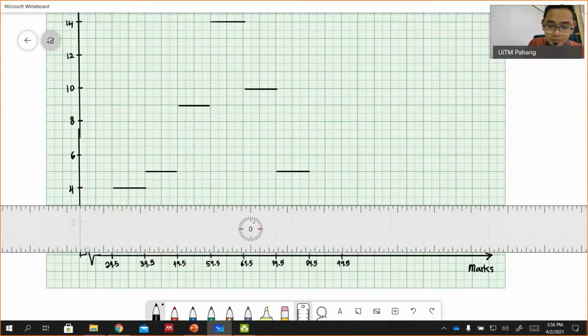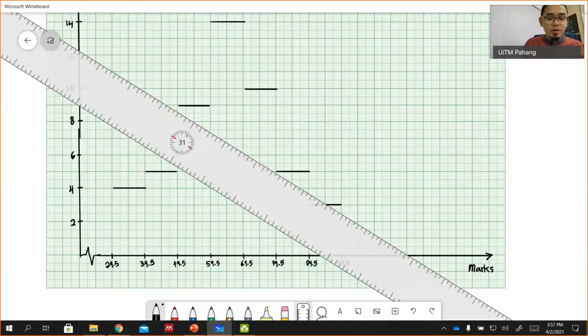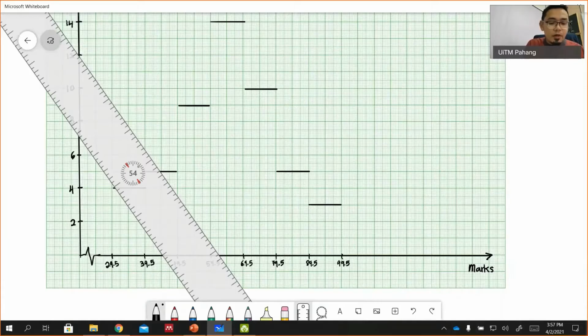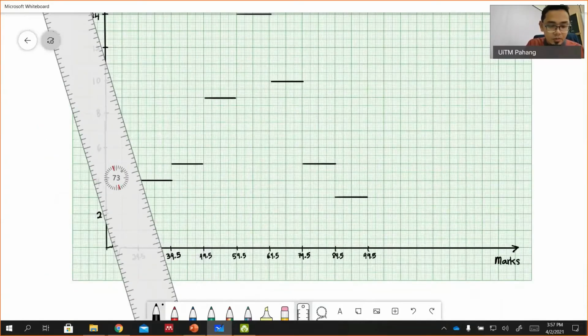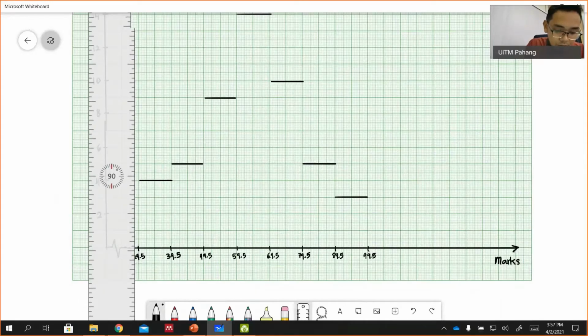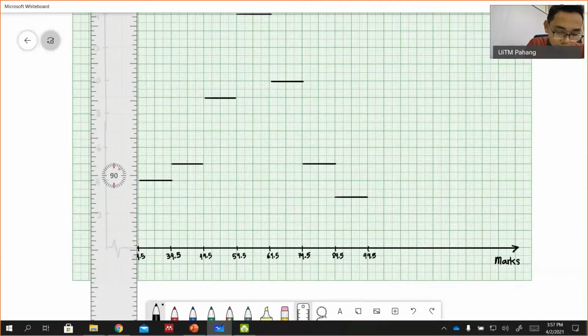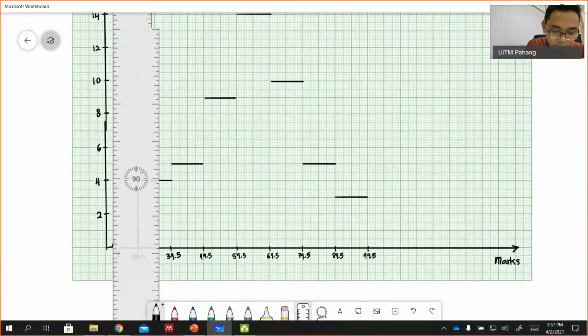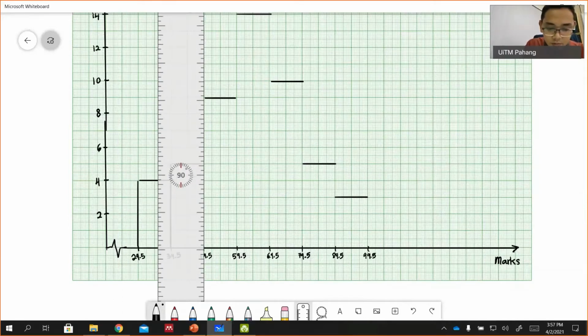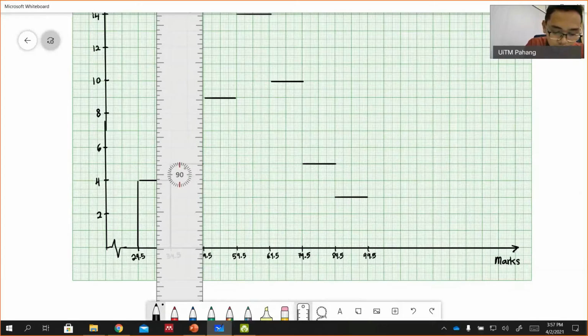Now what you can do is connect these by drawing the bars. It's kind of a bar chart but without gaps. We are going to draw the bars here. Please use your ruler correctly. These are the bars, and the next one will be this one.